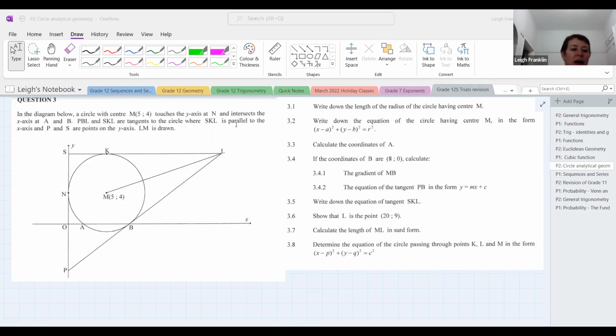Okay, so if line SKL is parallel to the x-axis, what can we say about it? What sort of line does it have to be?